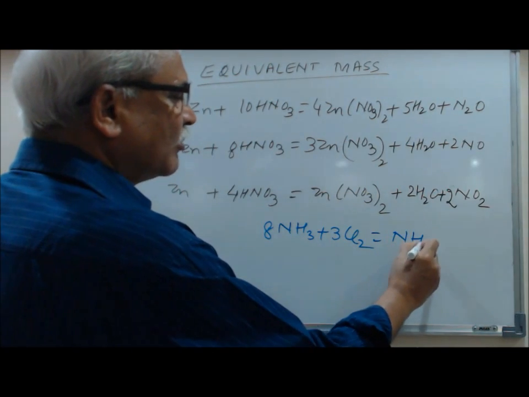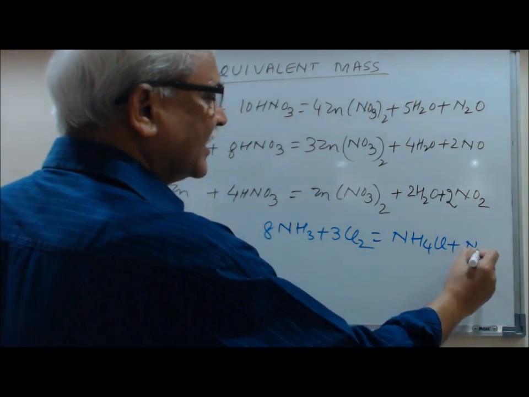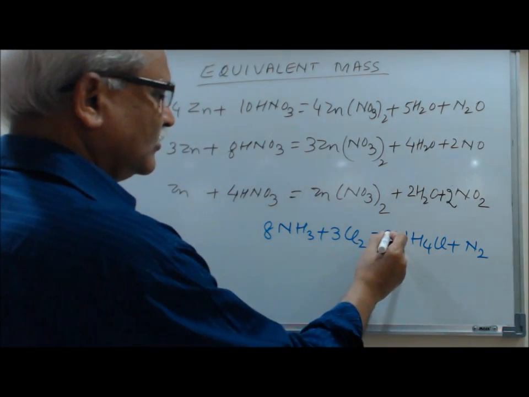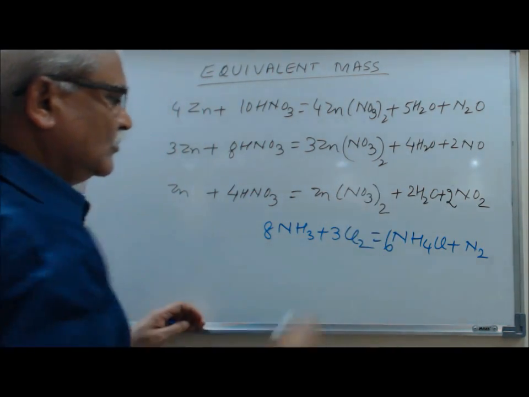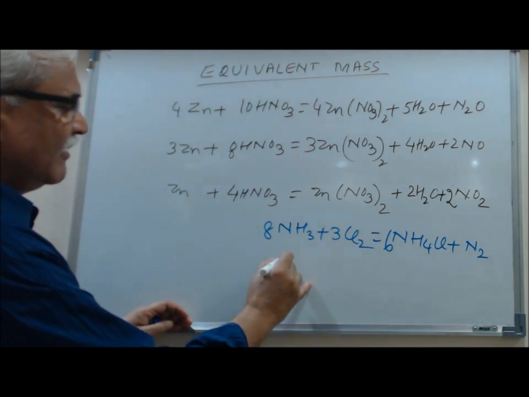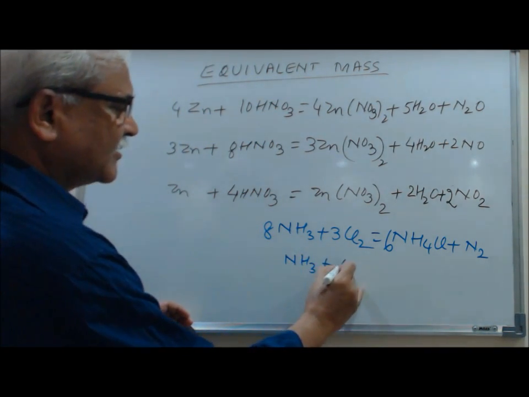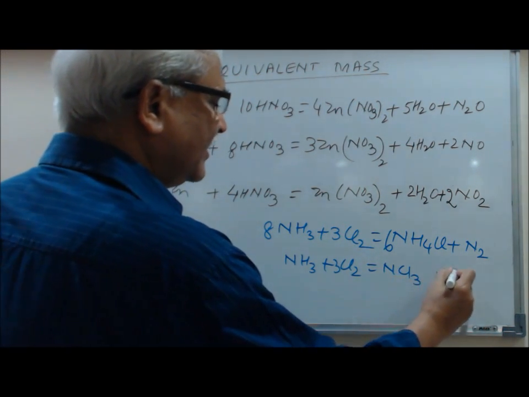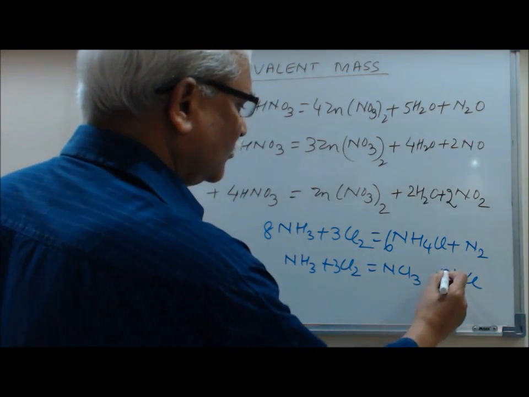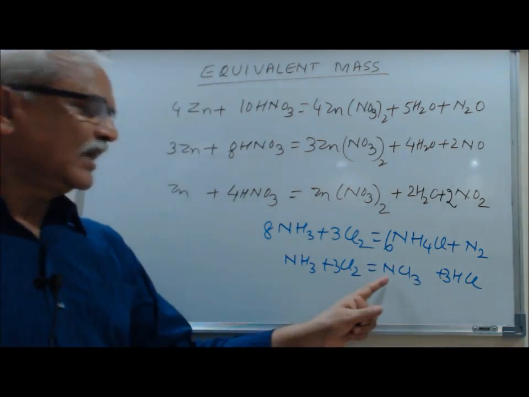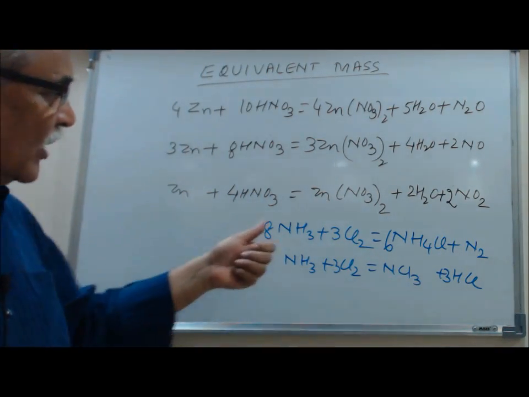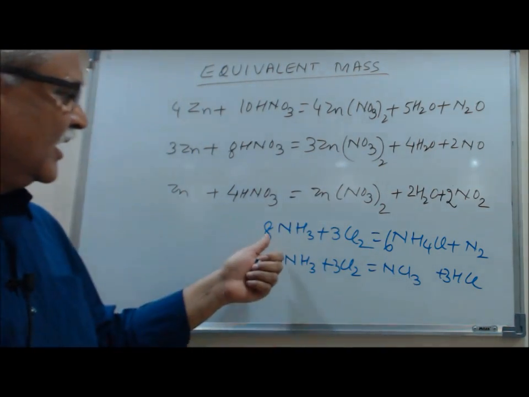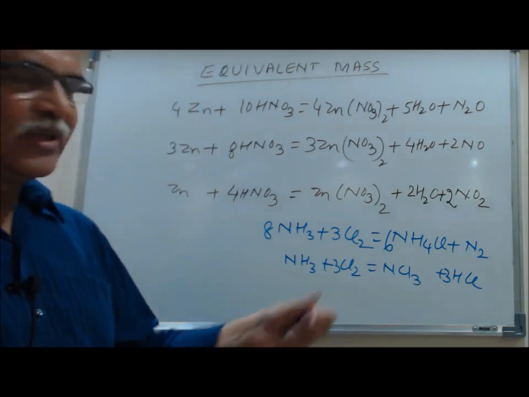The product is ammonium chloride and we get nitrogen. Or when we have chlorine in excess, we get NCl3 and we get HCl. This is an explosive. So ammonia and chlorine also cannot be said to be reacting in a fixed ratio. It is 8:3 here, but 1:3 here.